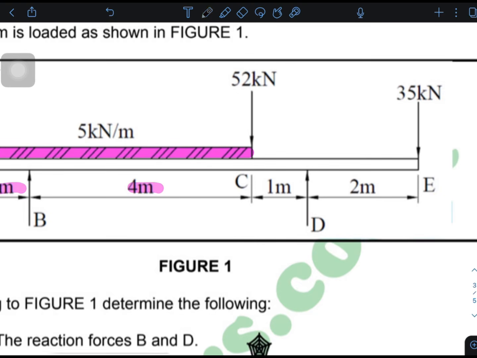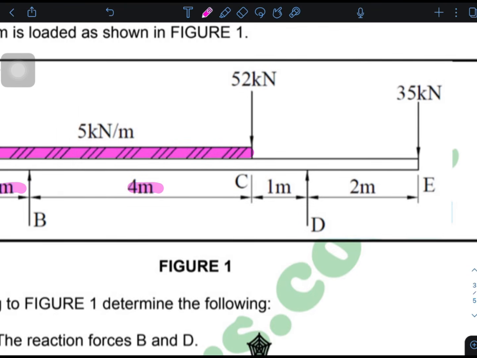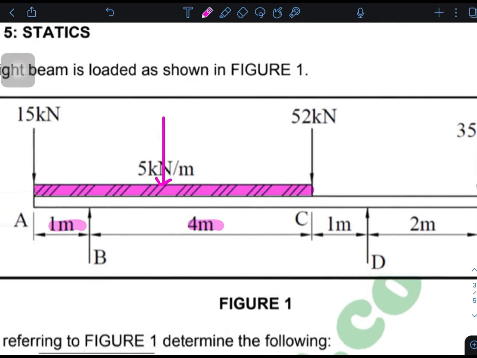So if I'm going to represent this uniformly distributed load as a concentrated load, I'm going to put it here in the middle, and I need to calculate its value.